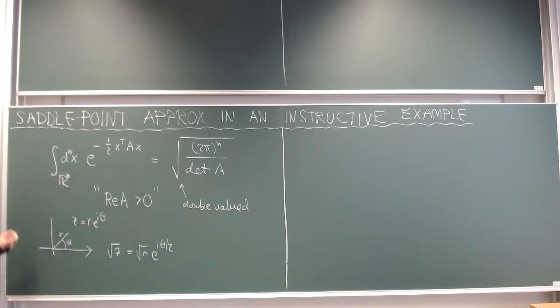And then I think most sane people would put the branch cut over here. Of course, this is also a choice, but I hope nobody will insist on another choice. So we will try to do something like this. Okay, so that's the first thing.